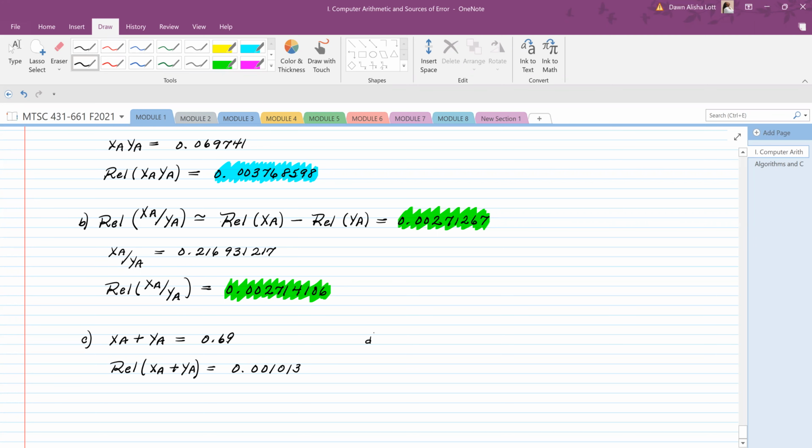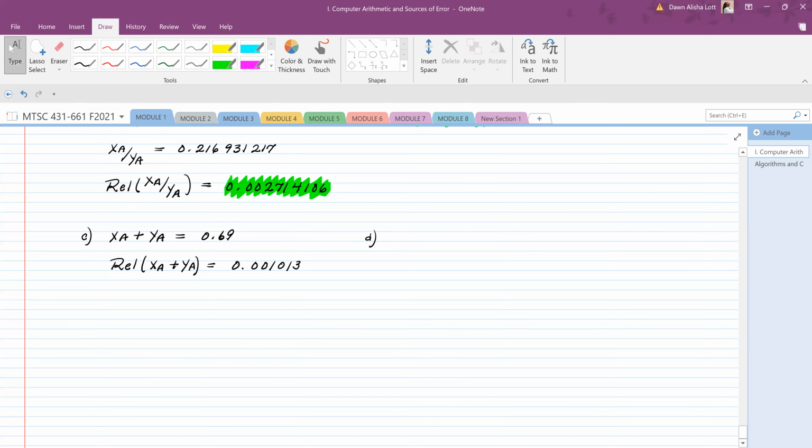And D, if I take X approximate and subtract Y approximate, I get negative 0.444. And the relative error of X approximate minus Y approximate turns out to be negative.